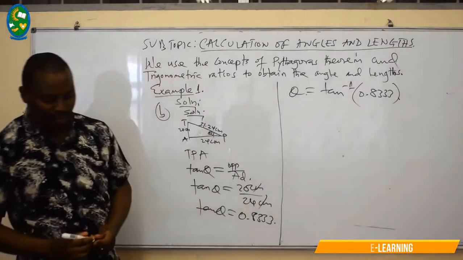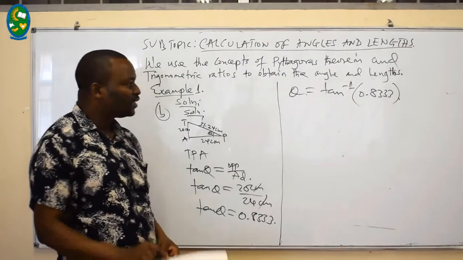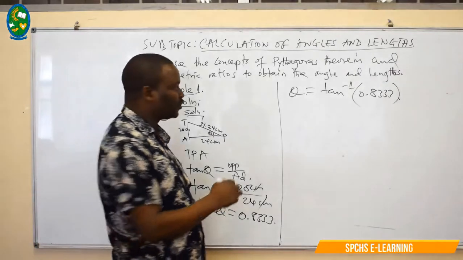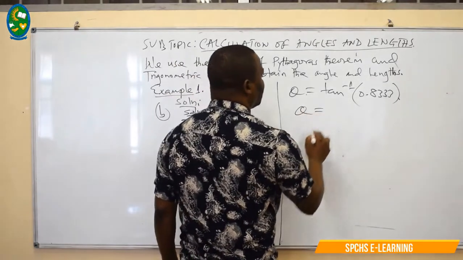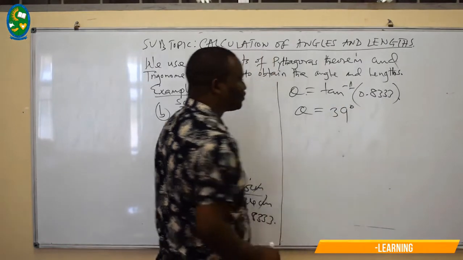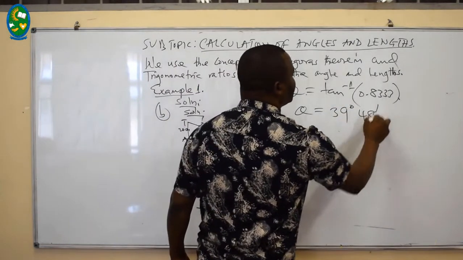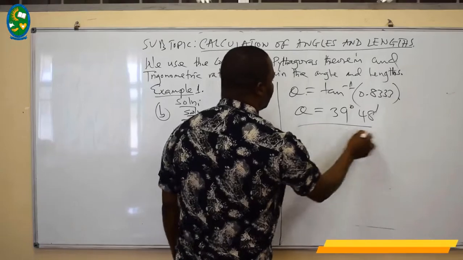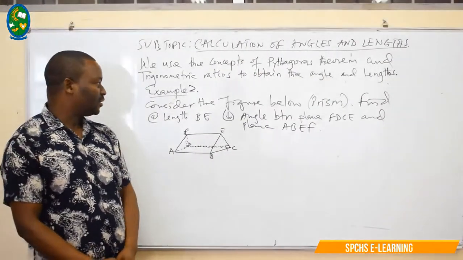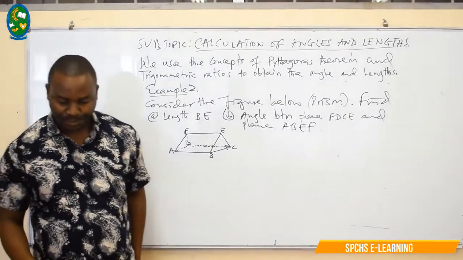Reading from our four-figure tables, you will find that theta equals 39 degrees and 48 minutes. So this is the value for our angle. Now let us see example 2.